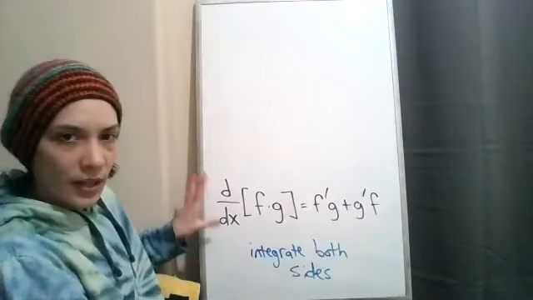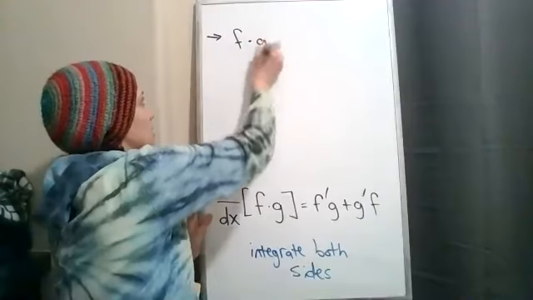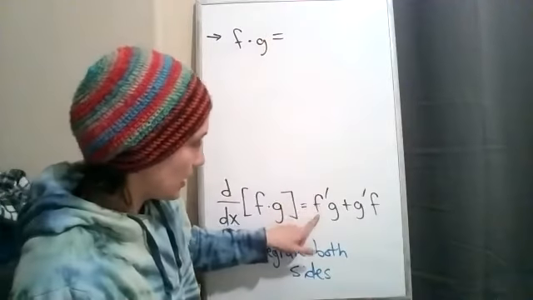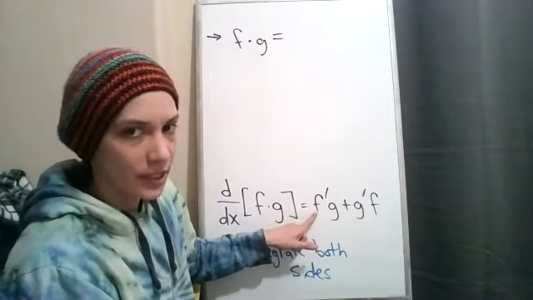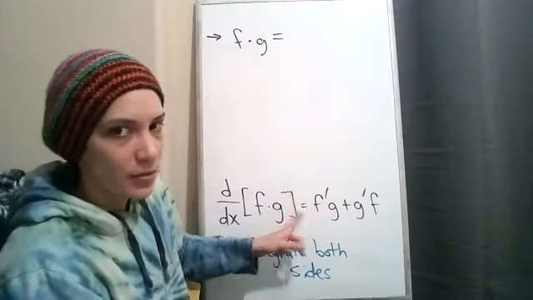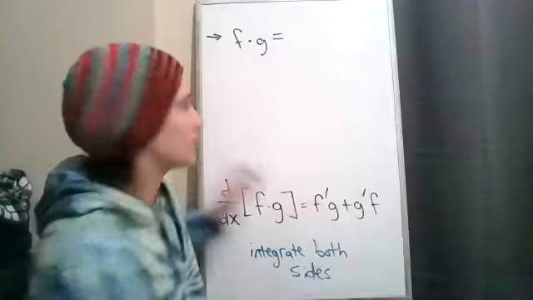So the integral of the derivative will undo each other. So here is f times g. This we're integrating. So the integral of f prime g plus the integral of g prime f.